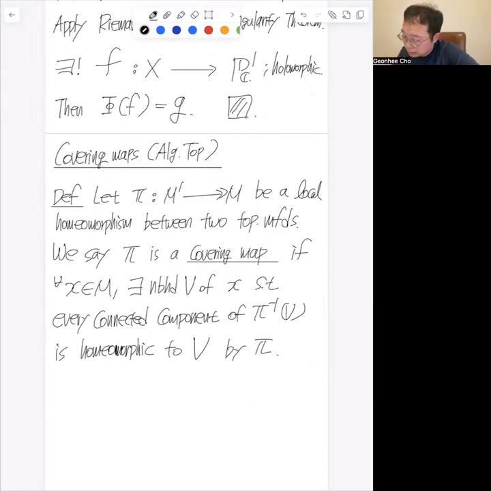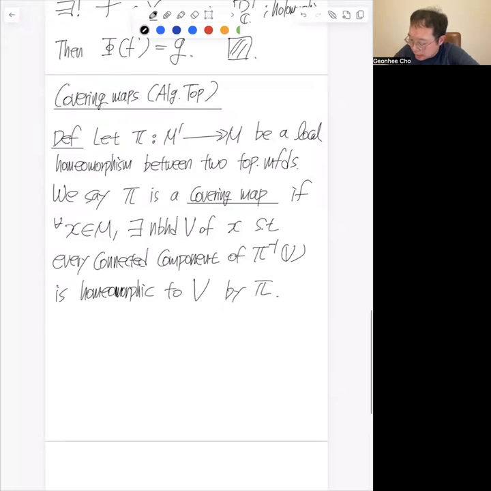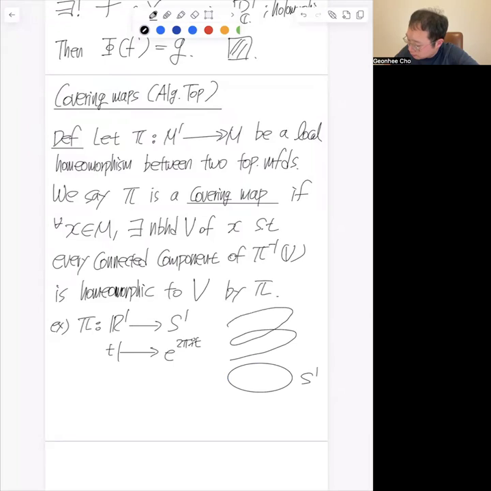One good example is a map from R1 to S1, where each point t is assigned to e to the 2 pi i t. It is easy to imagine the base being S1, and we are winding the wire, going from some initial stage forever.